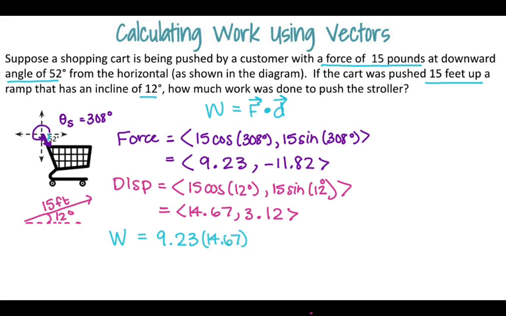I'm also going to take my vertical components and multiply them. So negative 11.82 times 3.12, and I'm going to add those two numbers together. And that is calculating the work using the dot product. So I have 9.23 times 14.67 plus negative 11.82 times 3.12.